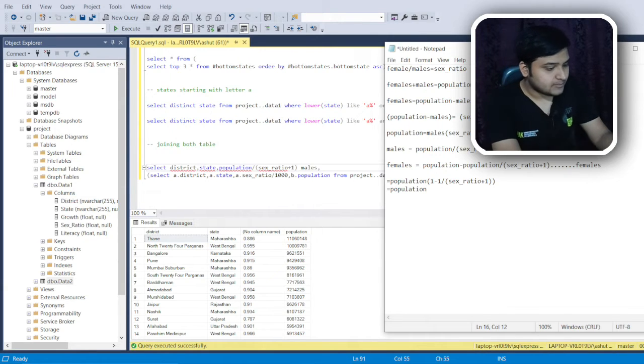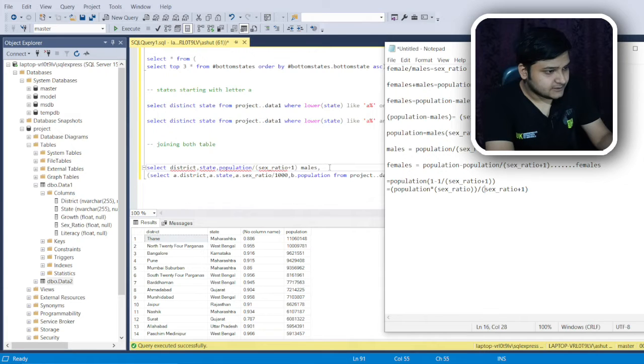So the 1 would be cancelled out, and we would just be left with the sex ratio, multiplied by population, and we'll be dividing the entire thing by the denominator. The denominator would be sex ratio plus 1. That's all that is required now.